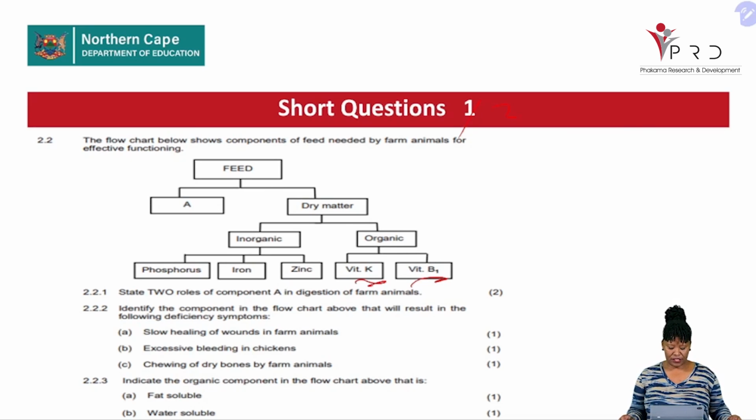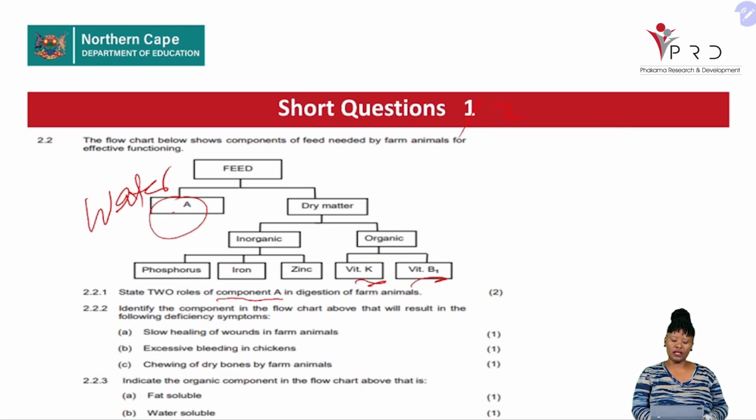Here are the questions. State two roles of component A in digestion of farm animals. So you are asked about component A, and component A is water. So all in all, you are asked about the role of water in digestion.